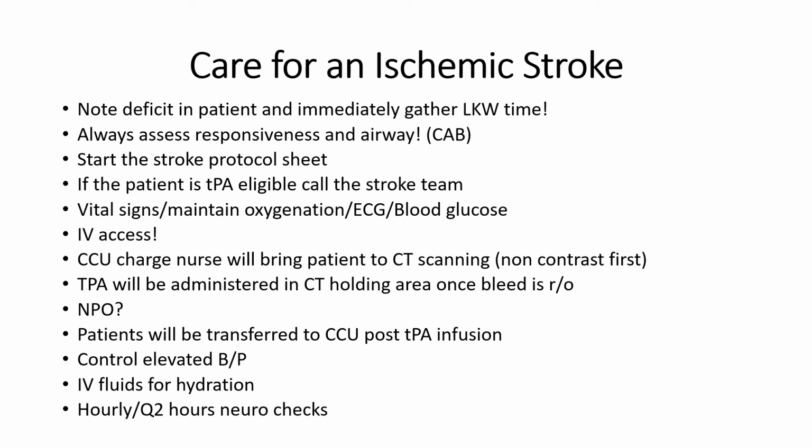And again, the patient's going to get that non-contrast first. We're going to rule out any bleed in the brain, and then we're going to do that CT angio with contrast to take a deeper look into the stroke. So once we know that there's no bleeding, we'll call pharmacy. They'll mix the TPA depending on the patient's weight, and TPA will be administered right in the CT holding area.